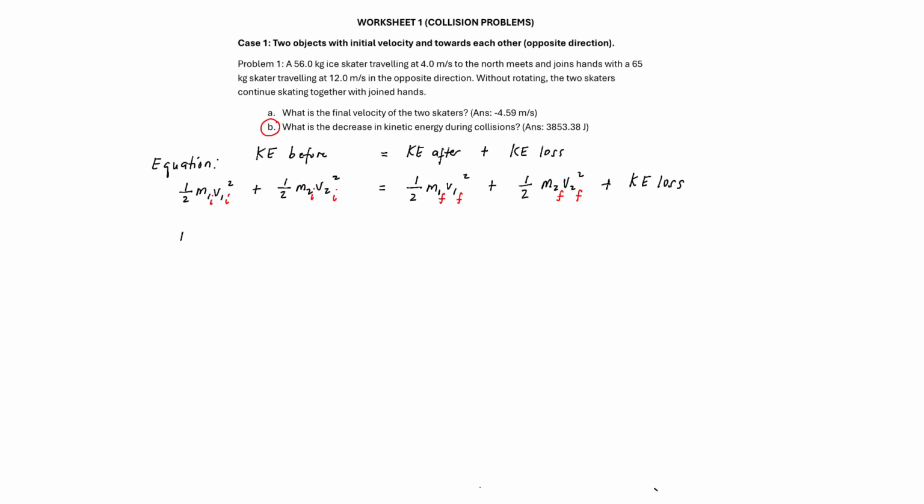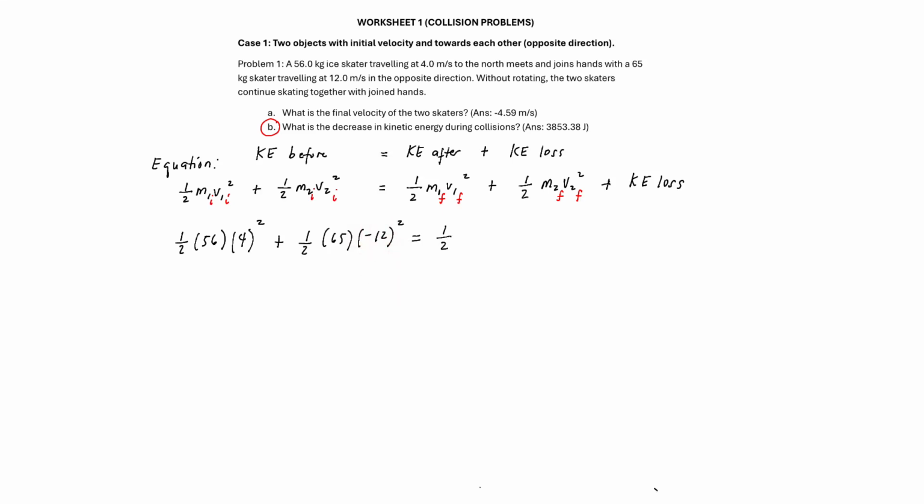So we have 1/2, the mass 1 is 56, and 4 meters per second, which we square as our velocity, plus 1/2 of 65 kilograms and negative 12 square. In terms of energy, the negative is unnecessary because it would cancel since this one is squared.